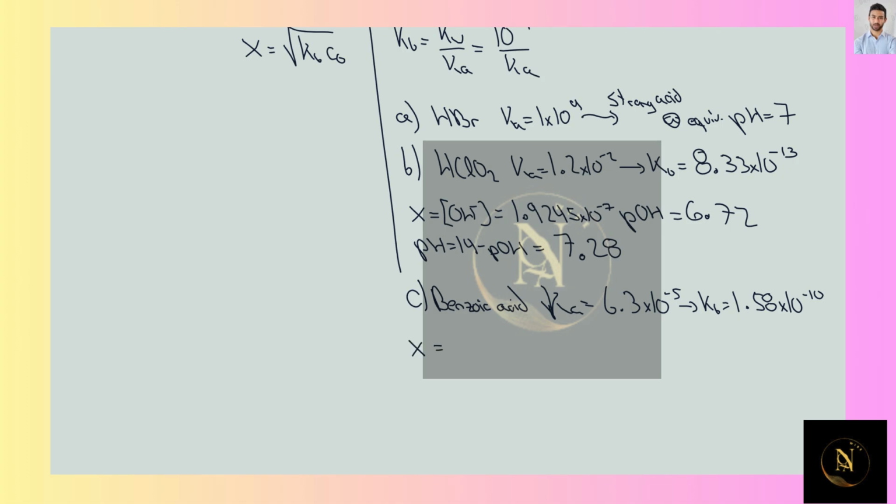That means that our value for x, remember this was the square root of Kb times C0, which is the concentration of OH minus, as we did before.